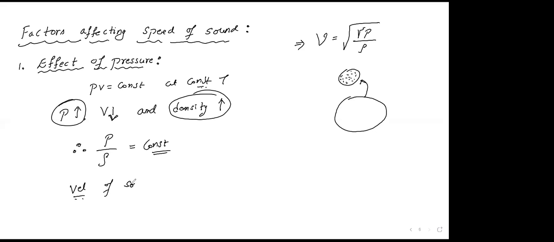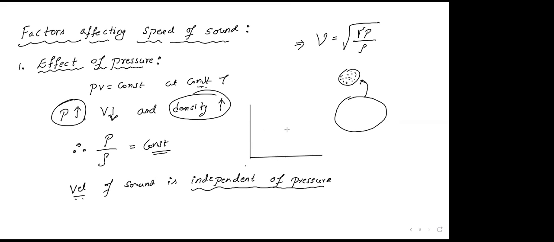Velocity of sound is independent of pressure. In terms of a graph also you can understand this. If we draw the graph of speed of sound versus pressure, this is the speed of sound and this is the pressure.